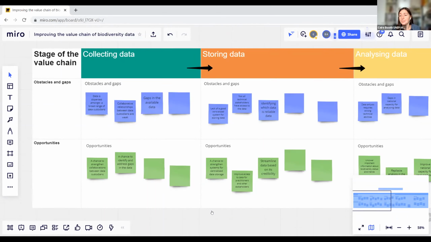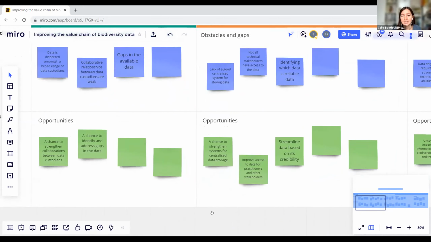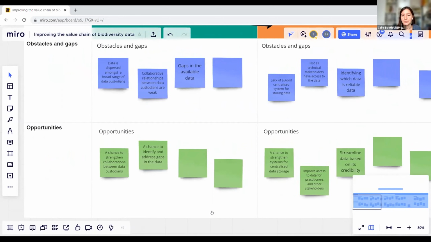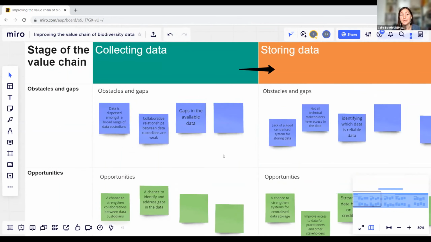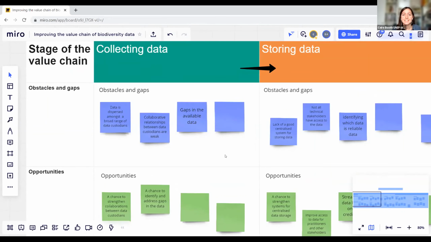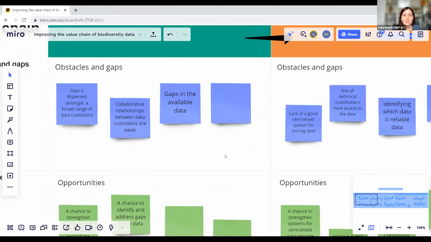So I welcome any of our panelists to reflect on some of the points as we move along the value chain and draw on your own experiences, or add any additional obstacles, gaps or opportunities to the whiteboard. Let me zoom in a little bit more.